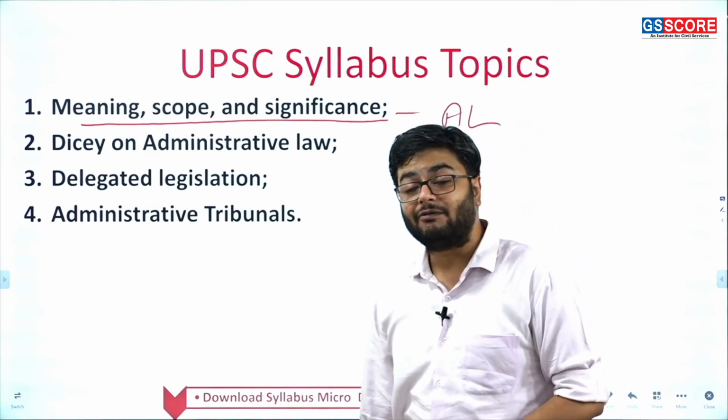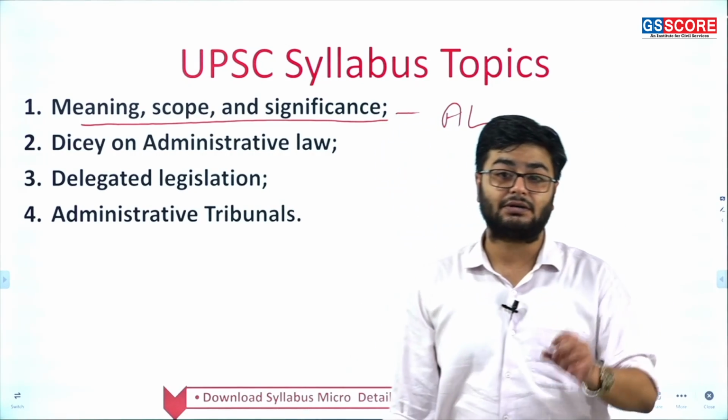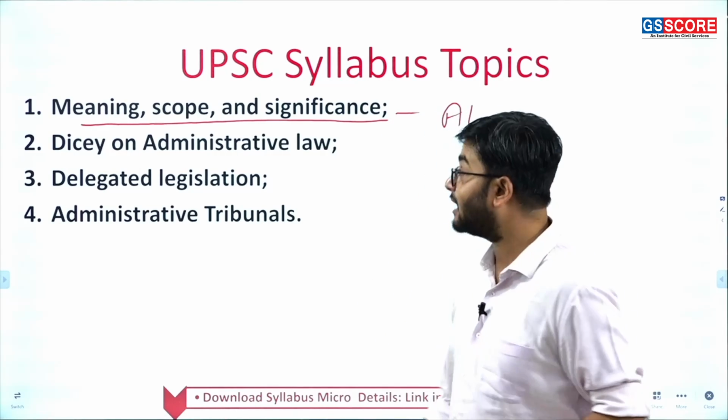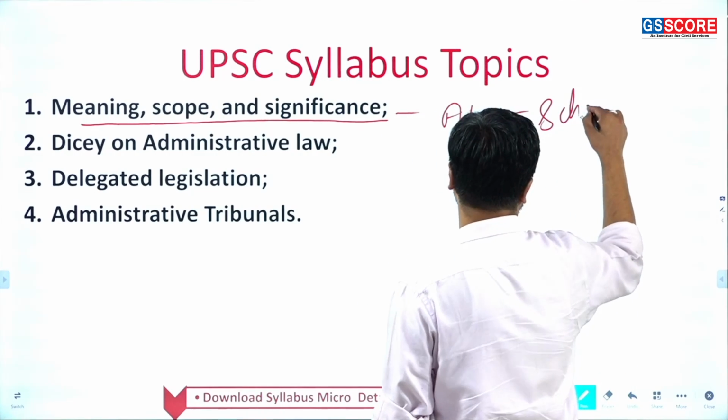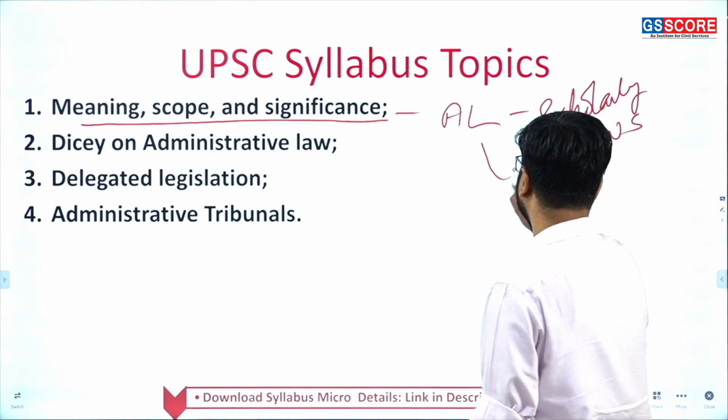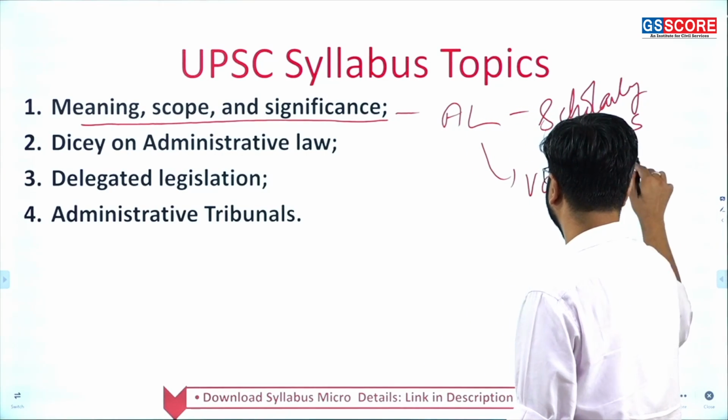So recall, when we studied public administration, the first unit, it had a meaning, scope and significance part. That means the scholarly views and the various dimensions.